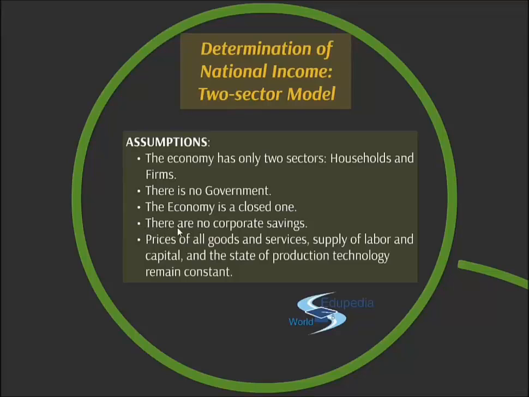The fourth assumption is that there are no corporate savings. It means that whatever profits the firms are earning, they are distributing it to the shareholders as dividend. The fifth and last assumption is that the prices of all goods and services, the supply of labor and capital, and the state of production technology, all of this remains constant. So these are the assumptions of the two-sector model.